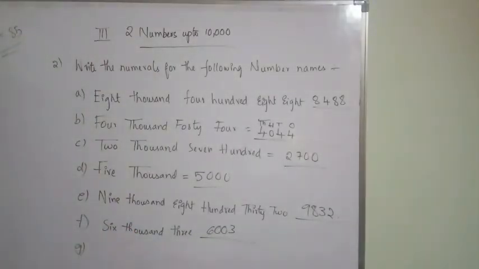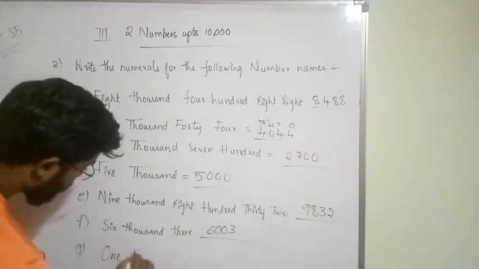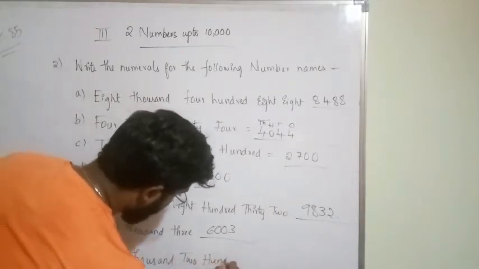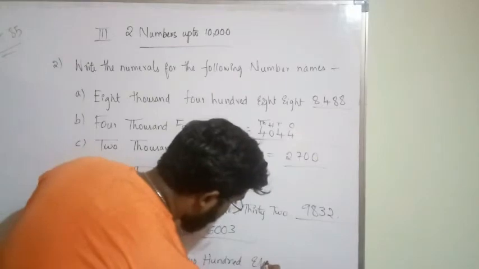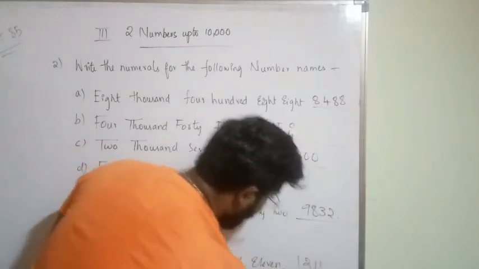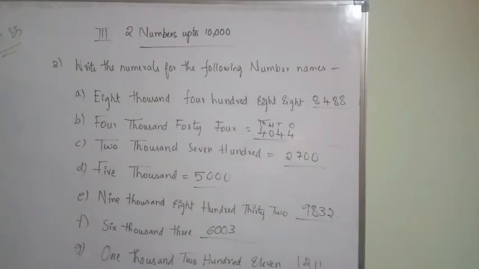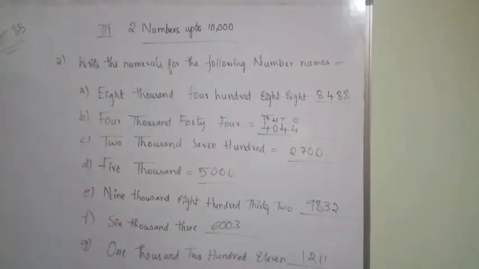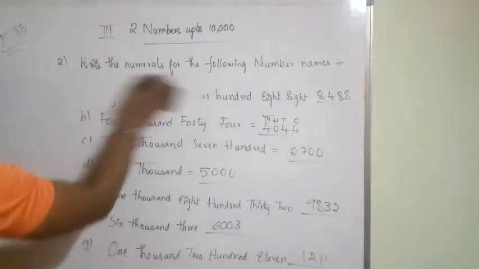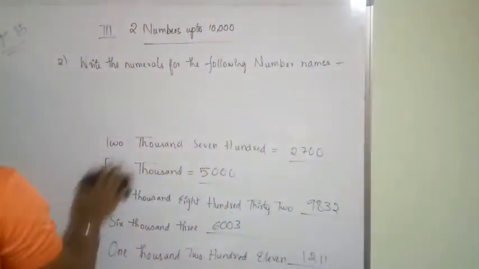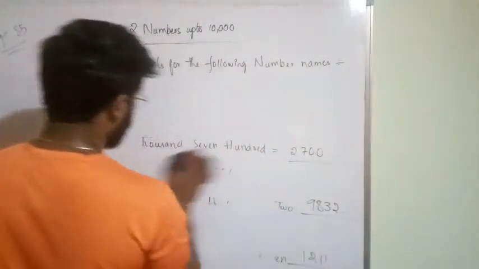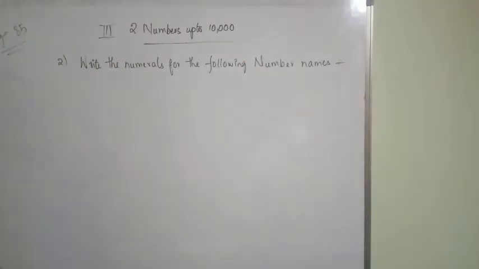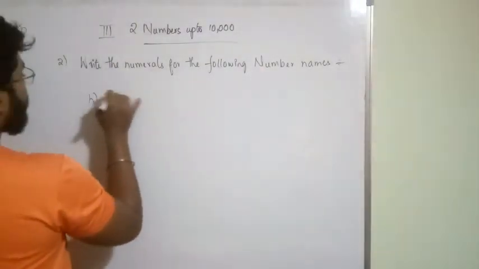Okay, so next one, last one in this bit. What is that last one? 3956.